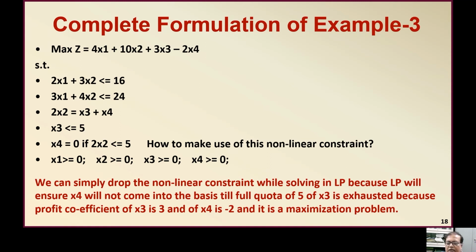So you see, both in the assembly problem and in the byproduct problem, we have exploited the nature of the problem. In the assembly problem, we had a minimization function, but that minimization function we simply removed and we took the assemblies less than x1, assemblies also less than x2, and still managed because the objective function is maximization.